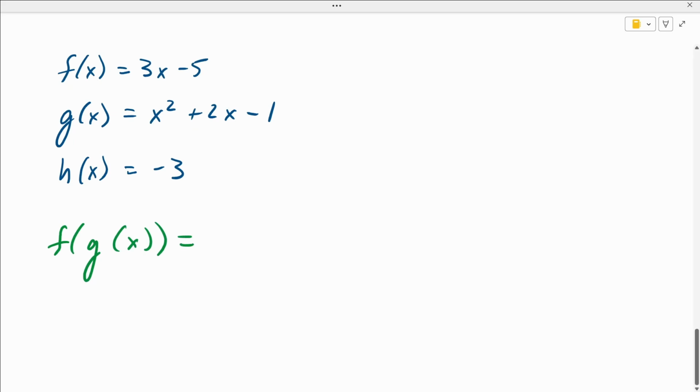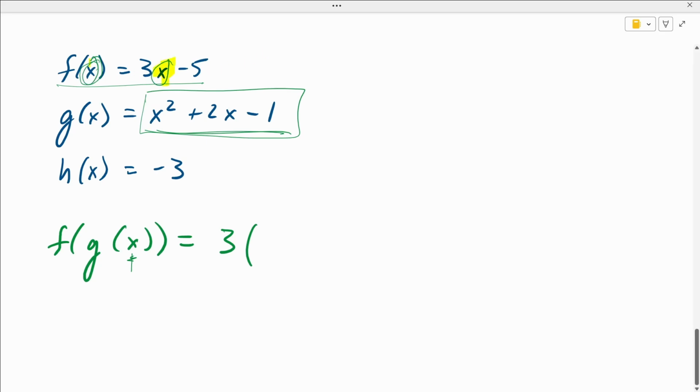Okay, so this says I'm going to apply this function, and the argument of f is the output of g, which is this whole function. Okay? I mean, the output of g when the input is x is this here. So I'm getting 3 times the input of the function to f.